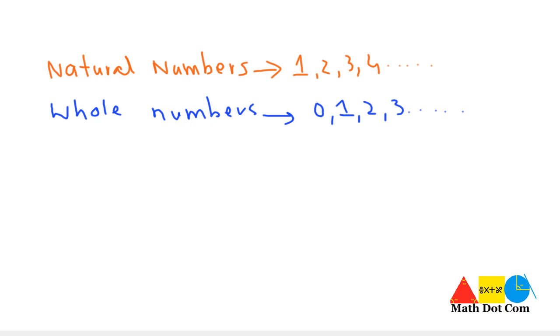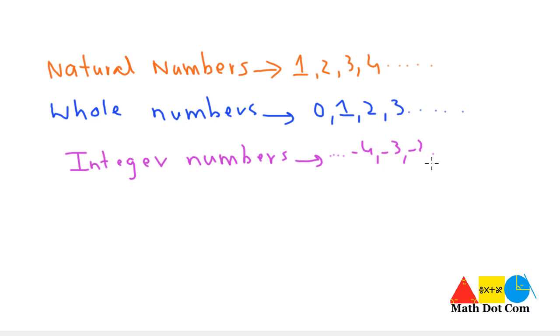Then we have the integers, as discussed in this lecture. Integer numbers are -4, -3, -2, -1, 0, 1, 2, 3, and so on. So an integer number has the containment concept of whole numbers. It means integer numbers contain natural numbers, including the whole number 0 and the negative numbers also.